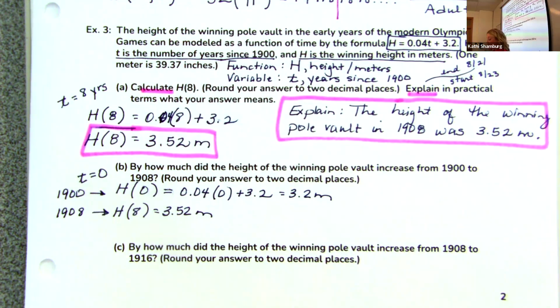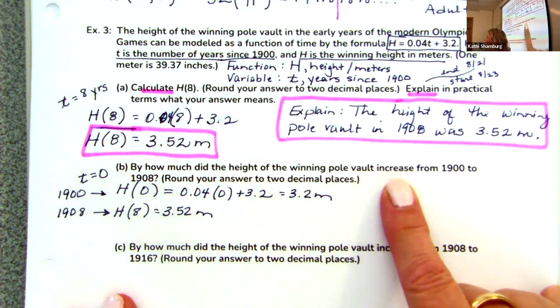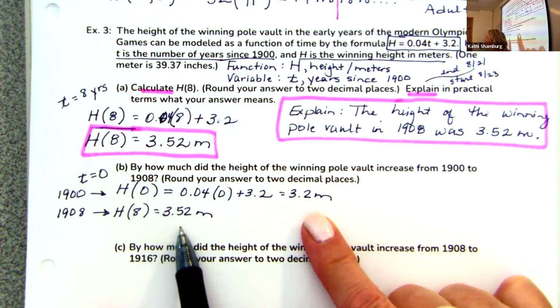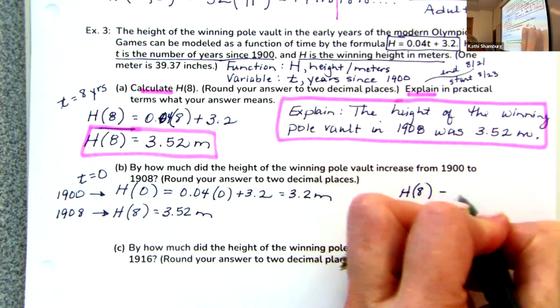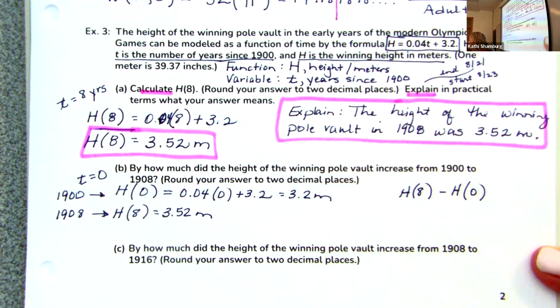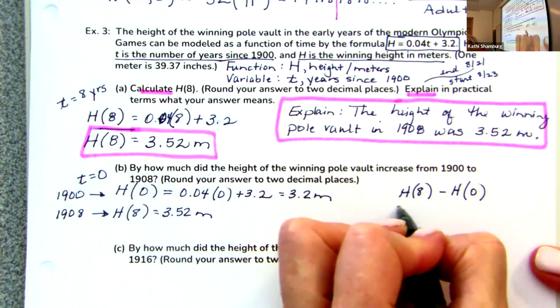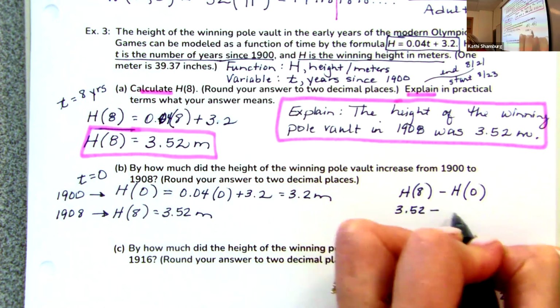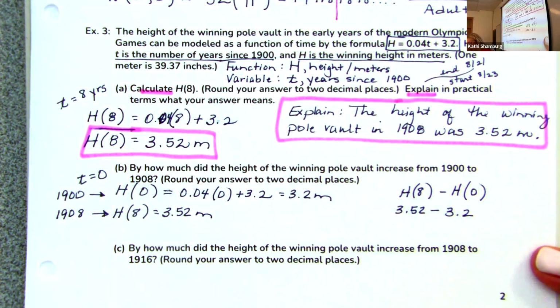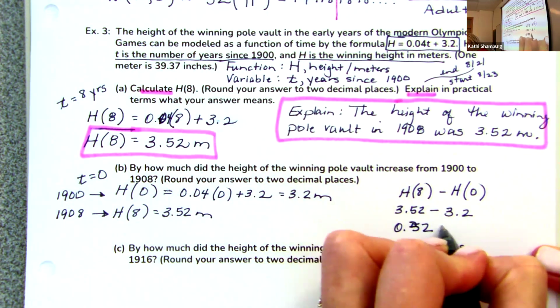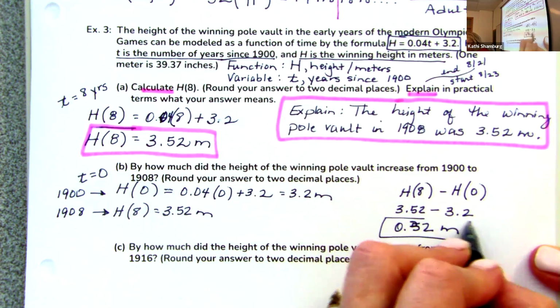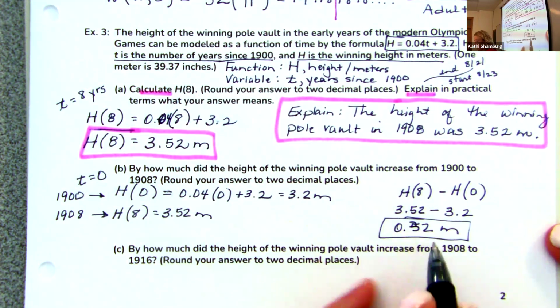Now, have I answered the question? No. No, because it says how much did the height increase? So what am I gonna do with these two numbers to see how much it increased? Subtract. I'm going to take the value that we found at 1908 and subtract the value that we found at 1900. So that would be 3.52 minus 3.2, which would be 0.32 meters.